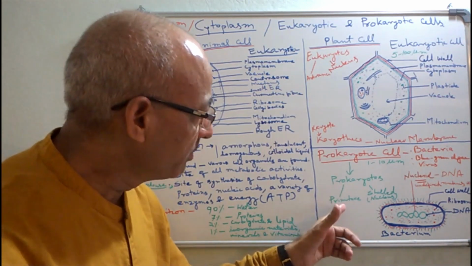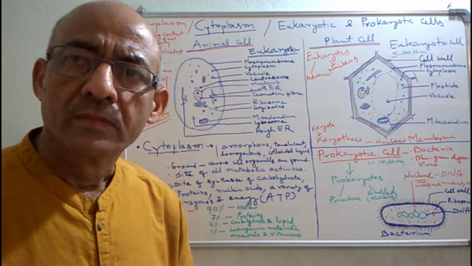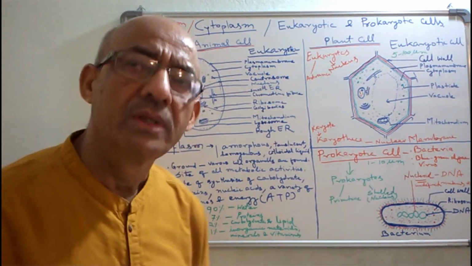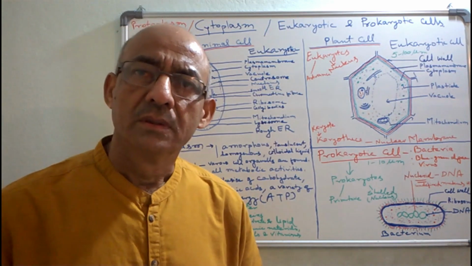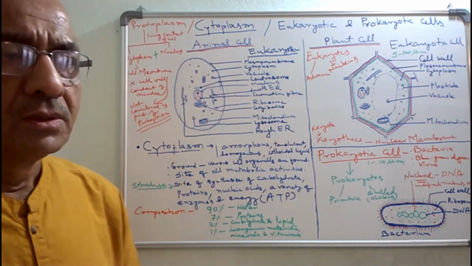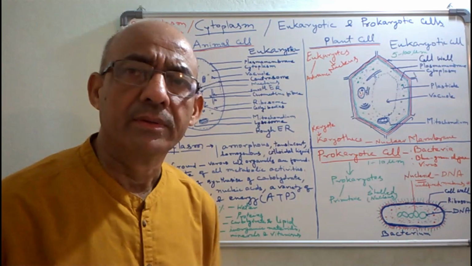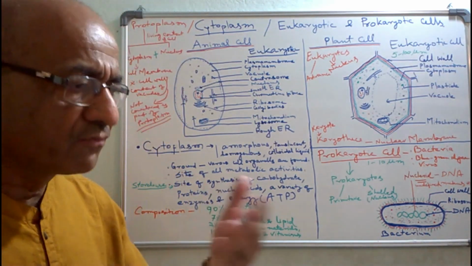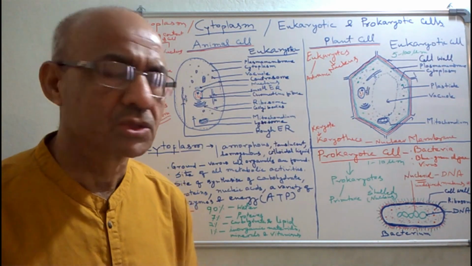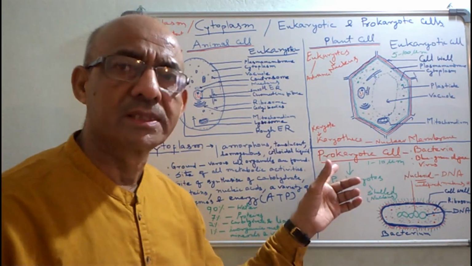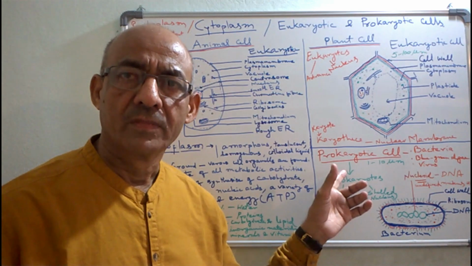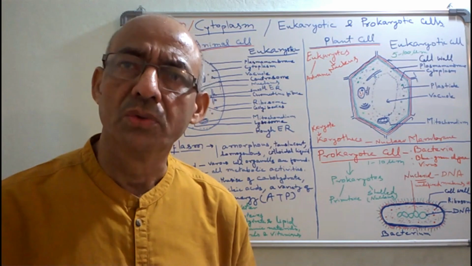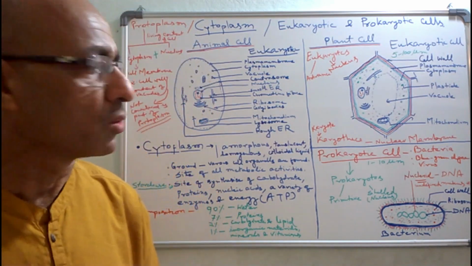Pro means primitive, not developed, and karyotes means nucleus. The cells which do not have a well-developed, well-defined nucleus are called prokaryotic cells. In detail, we should know the definition of prokaryotic cells.